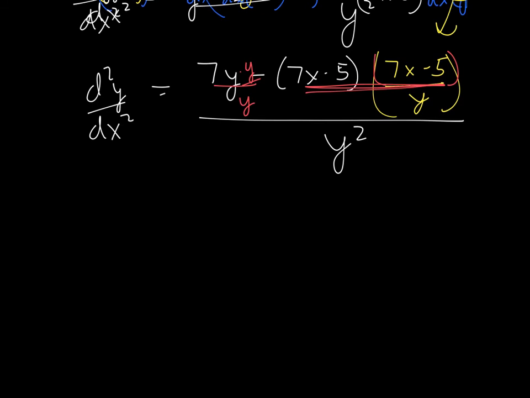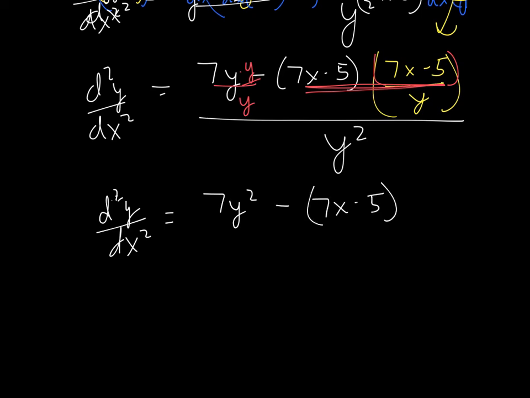Okay, so we've got second derivative is 7y squared minus 7x minus 5 quantity squared, because I'm noticing I have 7x minus 5 times 7x minus 5, all over a denominator of y, common denominator now, and then that is all over y squared.